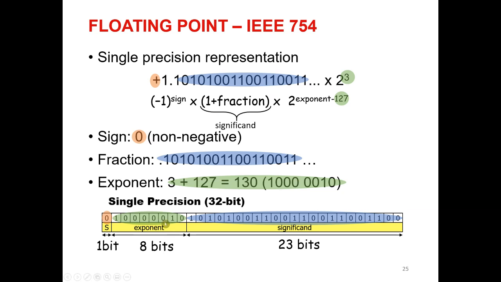If I was doing the inverse, so if I have the floating point representation using this standard, what I need to do is the inverse. So if I have this number here, I will convert it to decimal, which is 130, and I will subtract the bias, which is 127, and I will get the 3, which is the real exponent. So it depends on what I'm doing. If I'm converting a real exponent to the single precision format, I need to add the bias, and if not, I need to remove it. Okay.